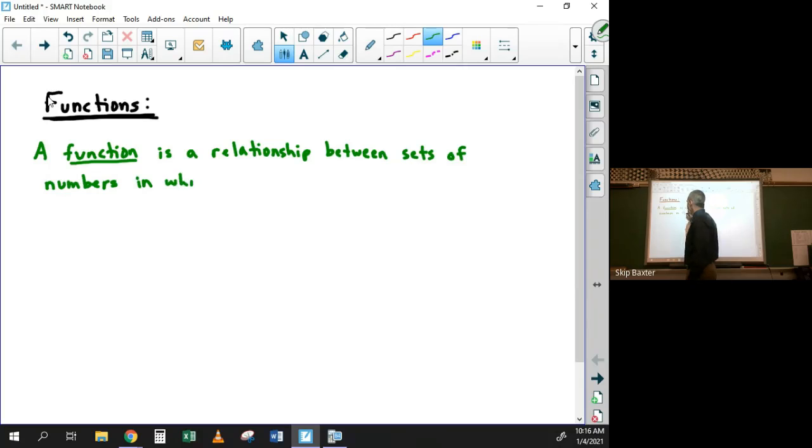The special characteristic is that for every x value, there's a unique y value. There's only one y value associated with it.